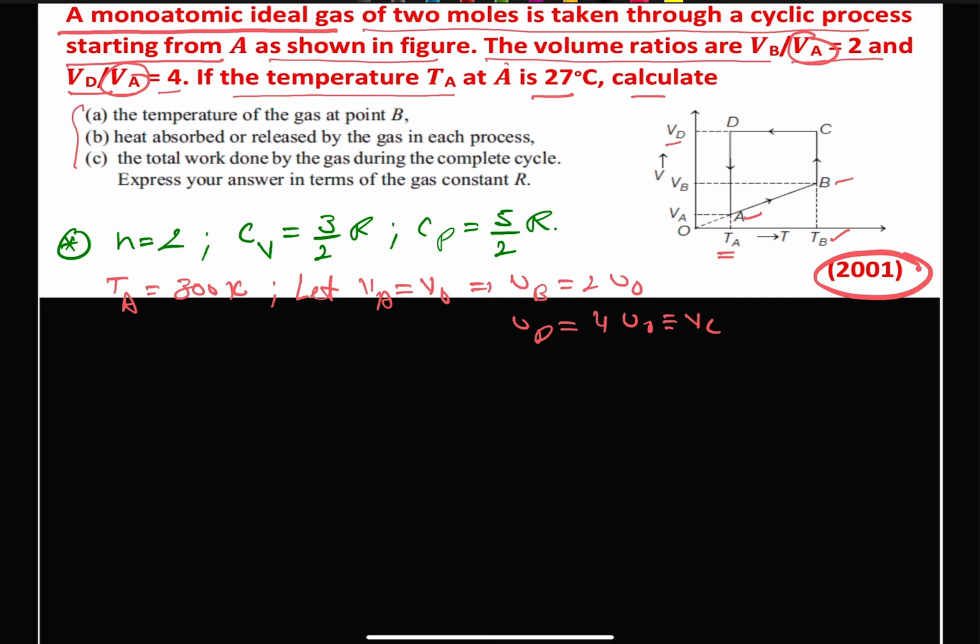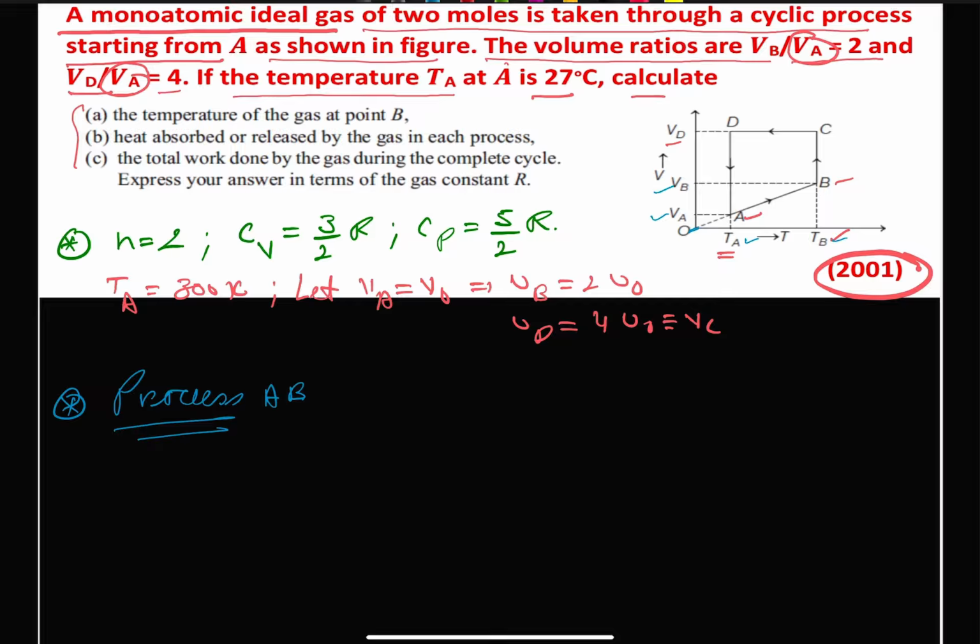So let us start with our process from A to B. In process AB, if we see this line, it is passing through the origin, and at temperature TA the volume is VA, at temperature TB the volume is VB.